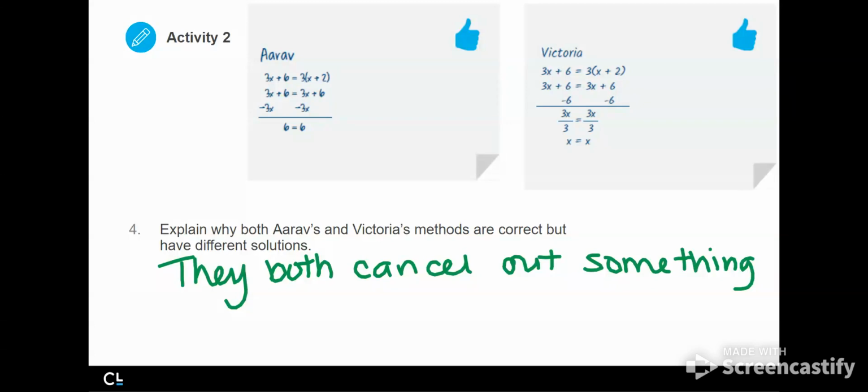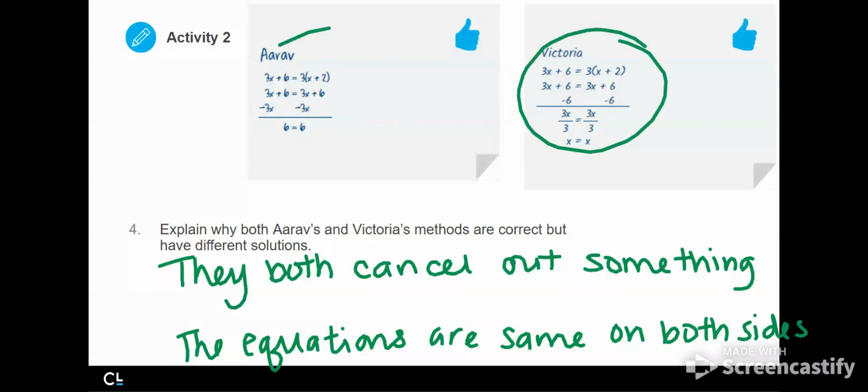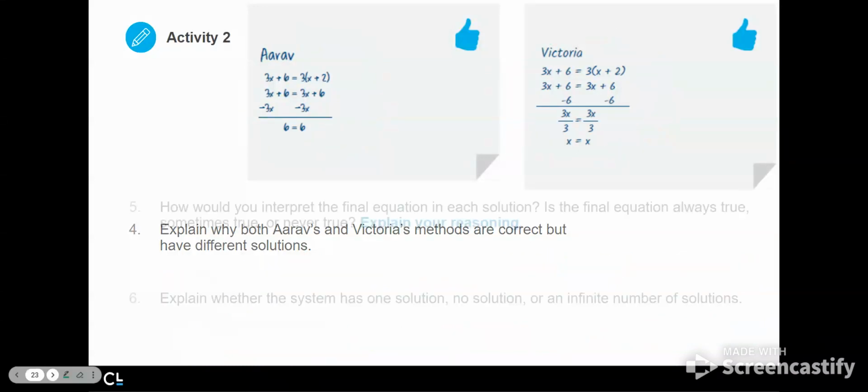And the reason they're both okay, the reason they're both correct, is because the equations are the same on both sides.